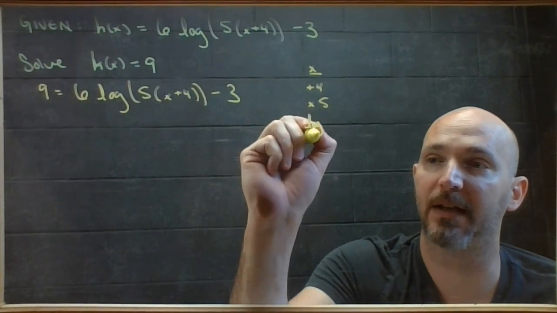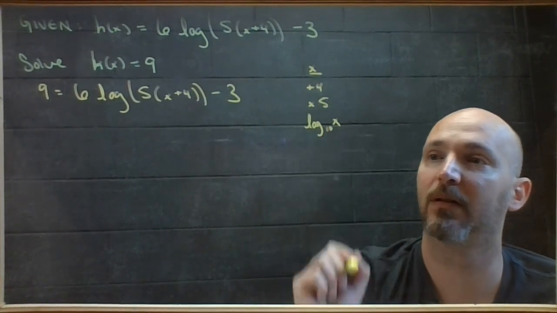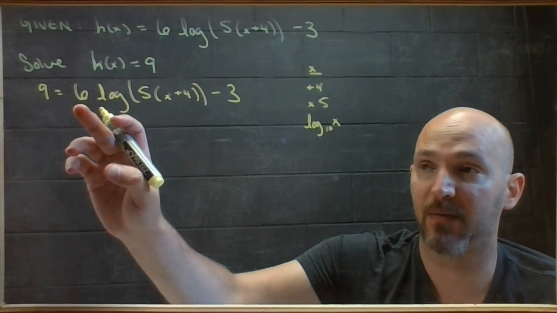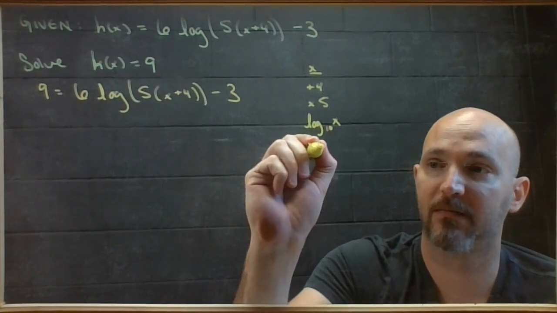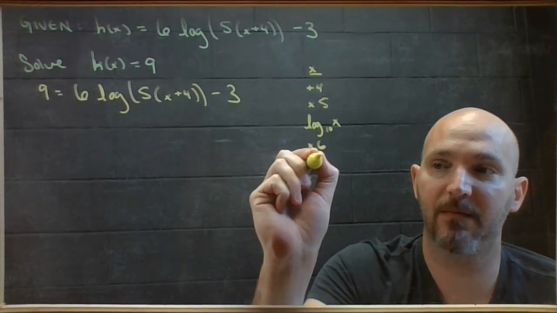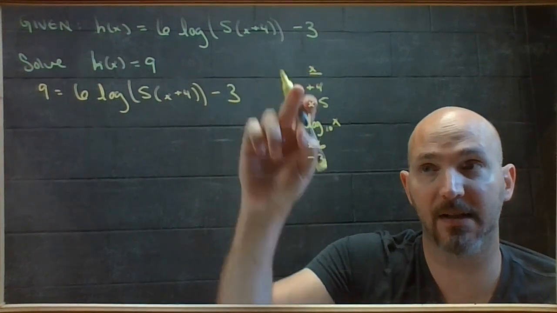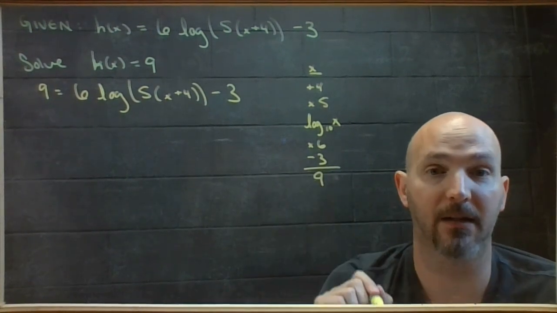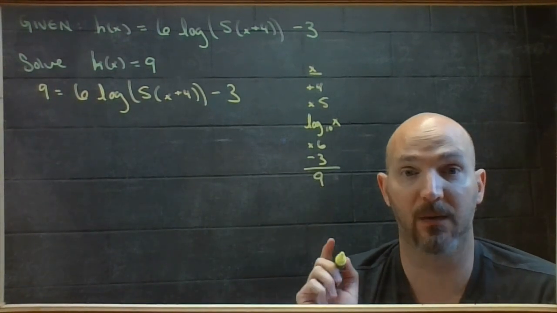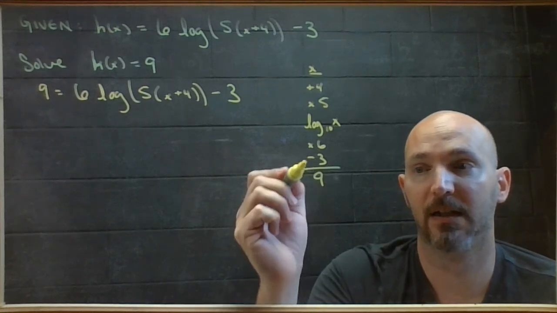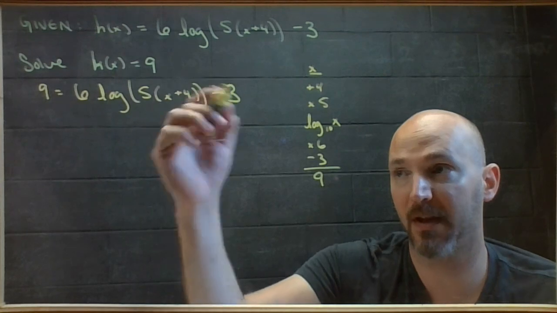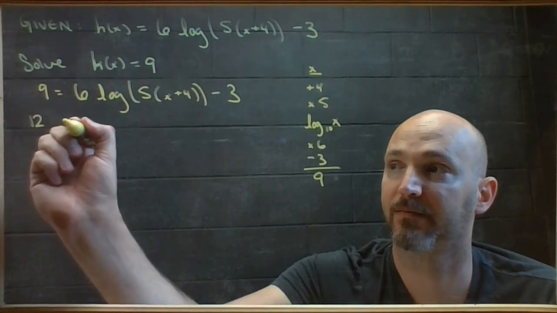I'll just pop that in there for you. Once you applied the logarithm, you'd have to multiply by 6. Then you would have to subtract 3. And whatever that number is, if you did all those things to it, you would end up with 9 as your final answer. So walking backwards, I need to undo negative 3. You do that by adding. So 9 plus 3 would be 12.